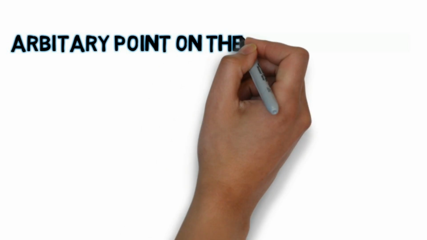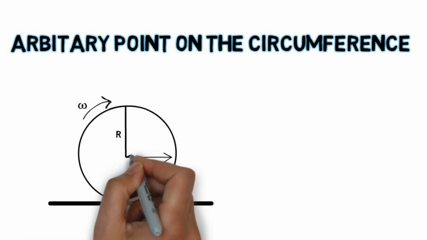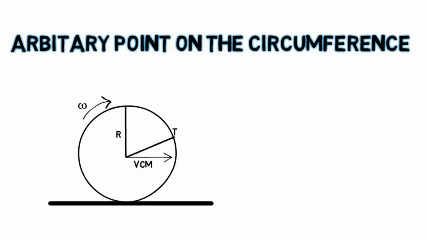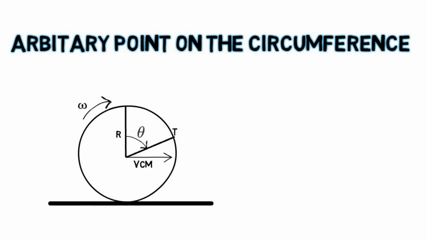Similarly, we can find out the velocity of an arbitrary point on the rotating disk. Let's take that rotating disk again. The velocity of the center of mass is VCM, the radius is r, and angular velocity is omega. Now take that arbitrary point to be T, and if we connect T with the center, it creates an angle of theta. Theta can be anything here, as we are taking an arbitrary point.